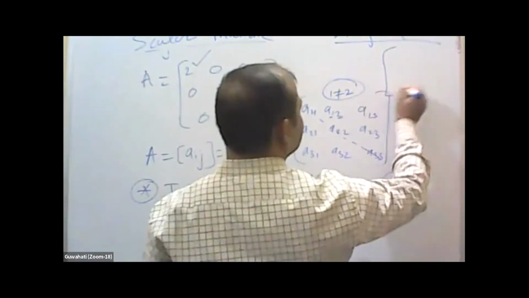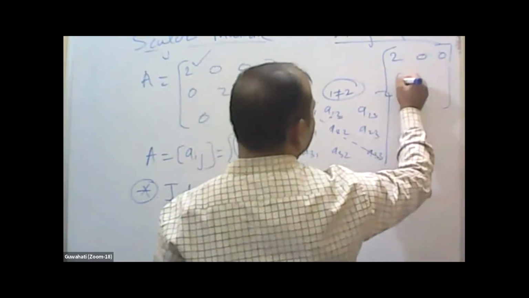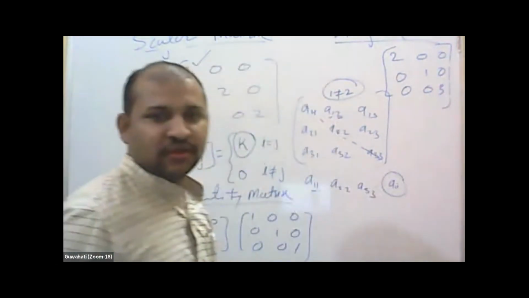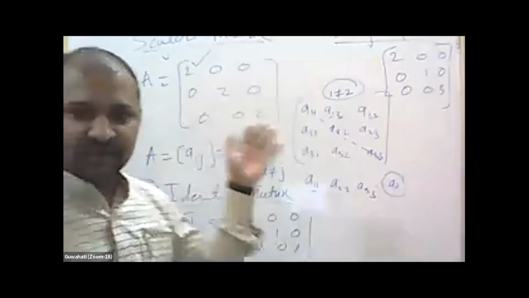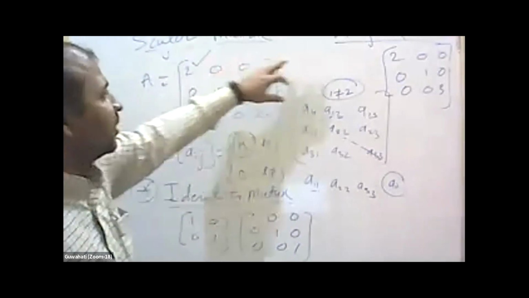So an example of a diagonal matrix is 2 0 0, 0 1 0, 0 0 3, right? The only condition is that diagonal elements should not be zero. And what I said earlier was about the scalar matrix. Sorry for this wrong information, but now it is clear.